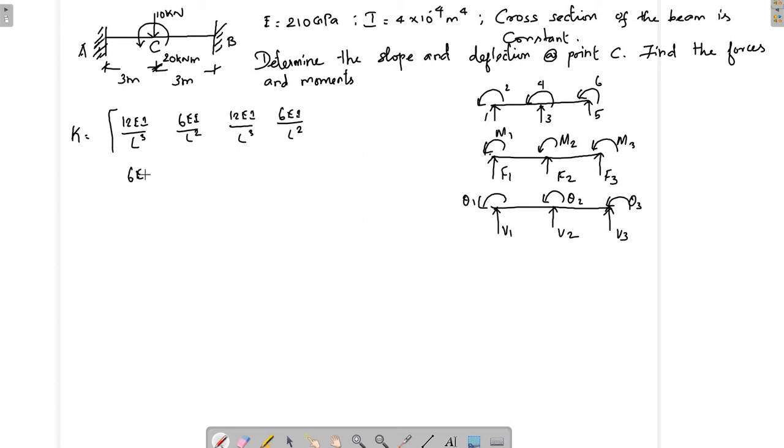Next one, 6 EI by L square, 4 EI by L, minus 6 EI by L square, and 2 EI by L.